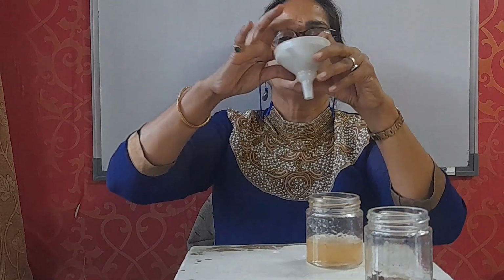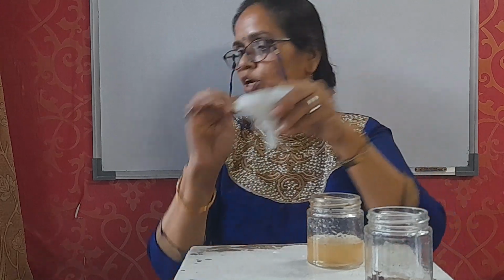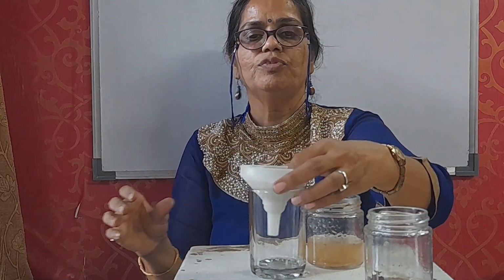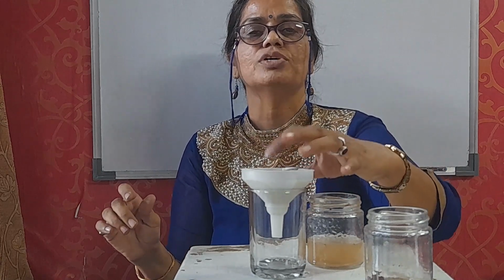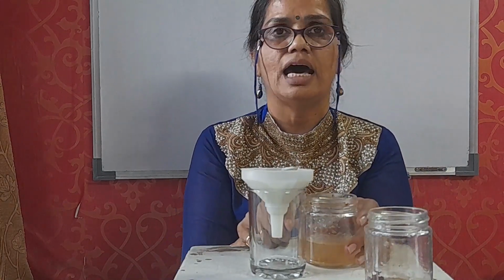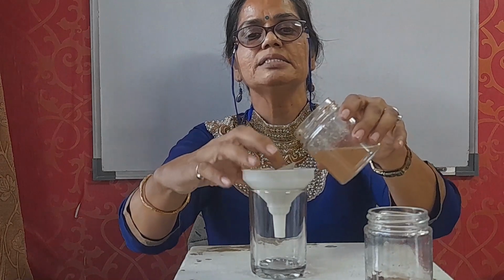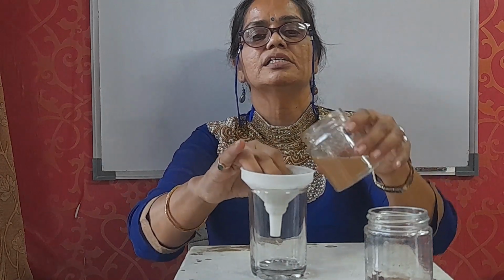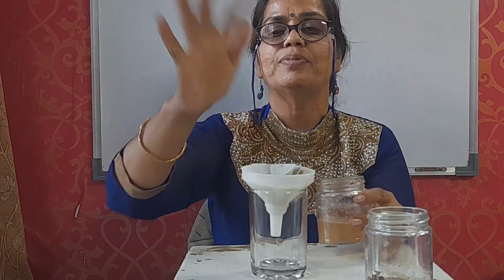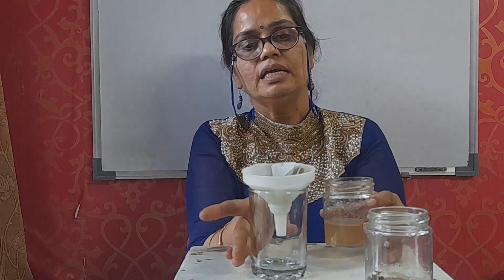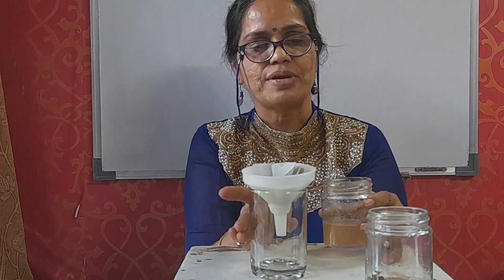I will strain this mixture through this funnel and you will see the clear solution in another glass. This method is called filtration. So here this is the filter paper, the funnel. In the laboratory we use a beaker.